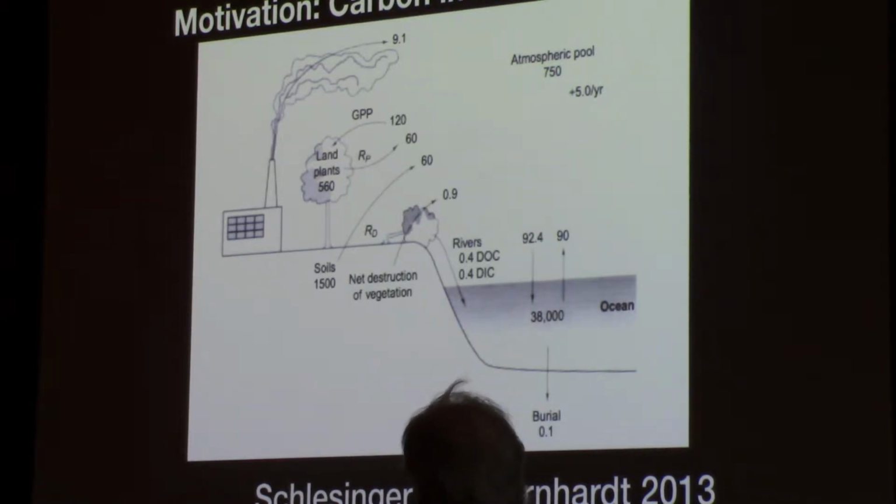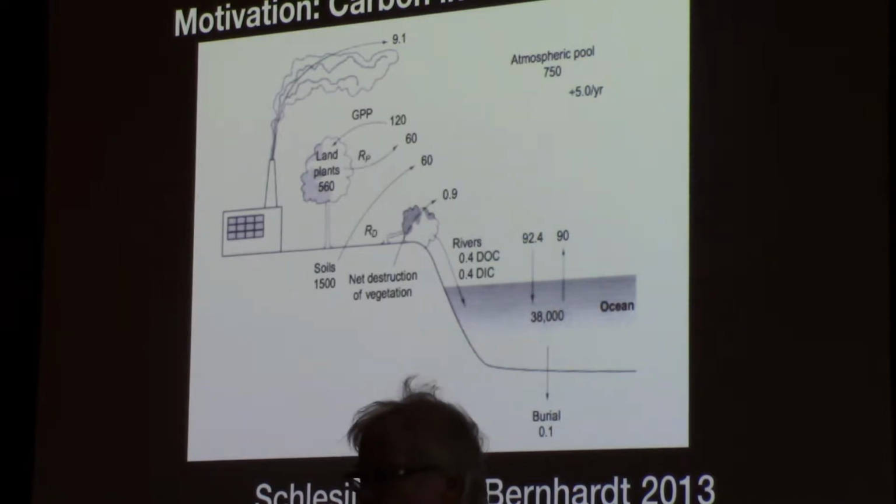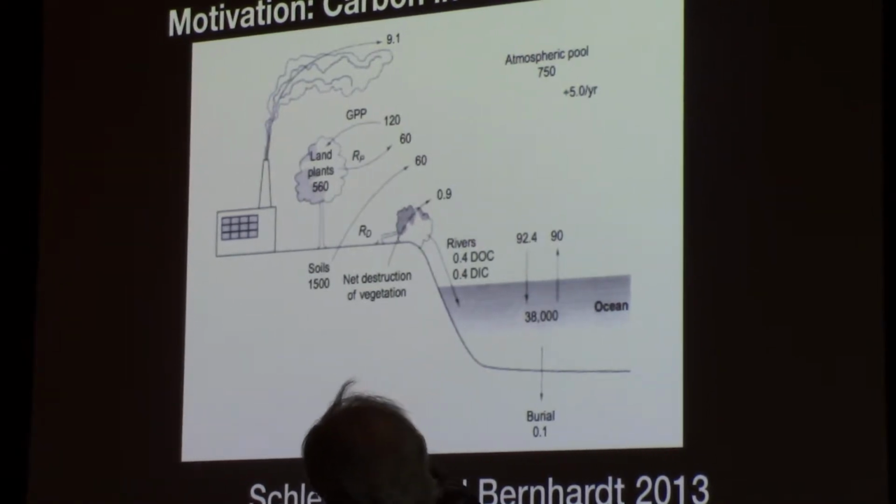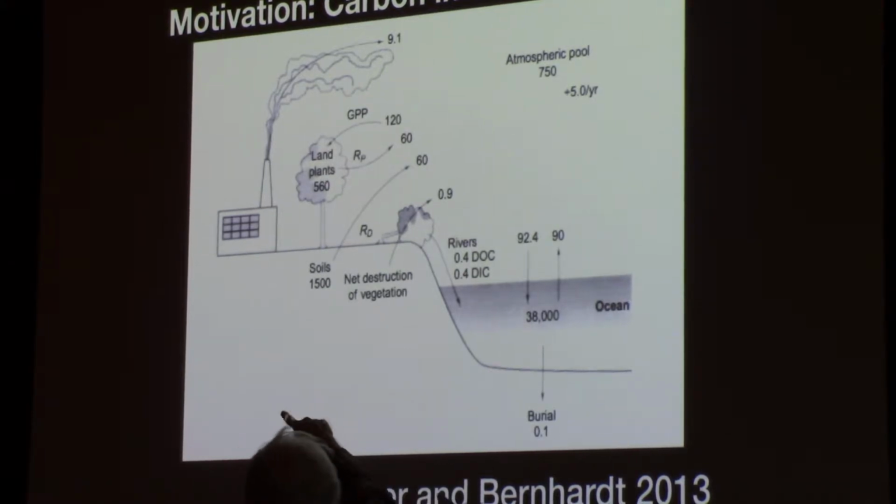But a lot of that biomass is turning over fairly quickly. So 120 petagrams come into plants every year. So that's the rate of carbon fixation. But another 60 petagrams comes out through respiration just by the plants, okay? The rest of it, if you look at the soils, is lost from the soils as respiration.